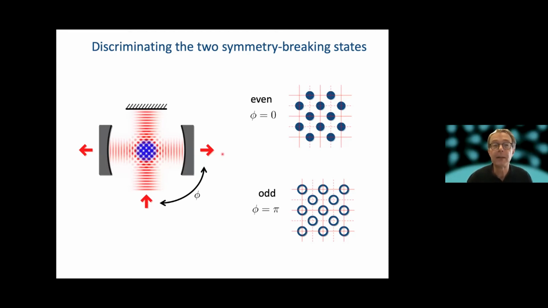And that we can do in the experiment. So we measured the relative phase of the scattered field coming out of the cavity to the pump field. For even, you have 0 phase, and for odd, you have a pi phase difference. Of course, there is one phase free, so the difference of the phase between even and odd is pi, okay?